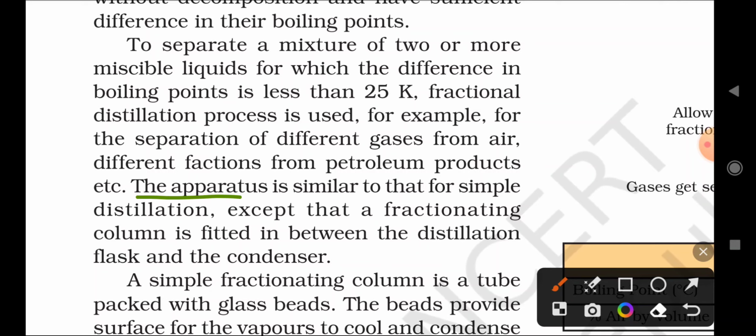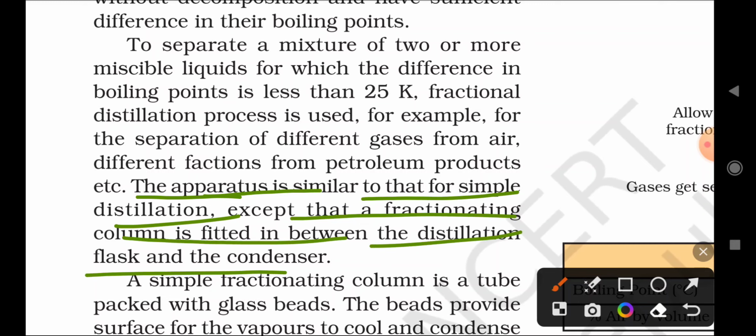The apparatus is similar to that of the simple distillation except that the fractionating column is fitted in between the distillation flask and condenser.